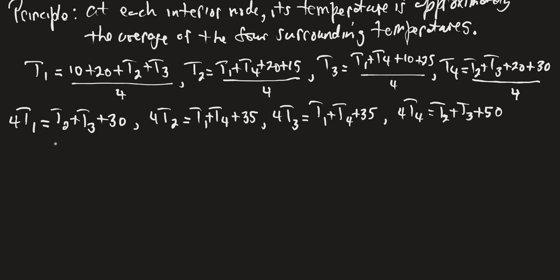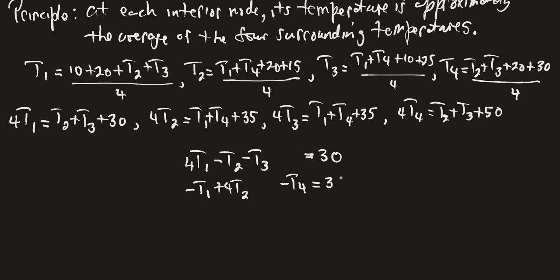So taking this first equation and subtract t2 and t3, we will have this. 4t1 minus t2 minus t3, there's no t4, that has to be equal to 30. Taking the second equation now, subtract t1, so you'll have a minus t1, and then you'll have a plus 4t2, so now we're arranging our variables in that standard form, and then minus t4, right?